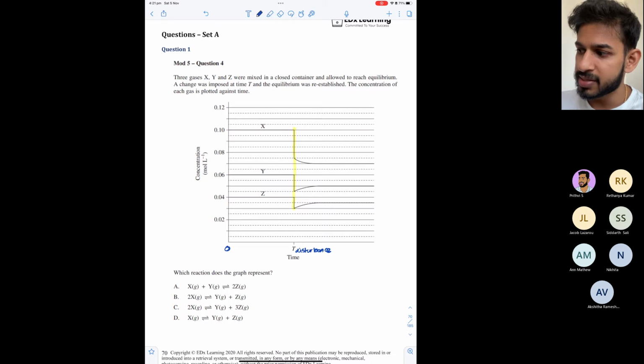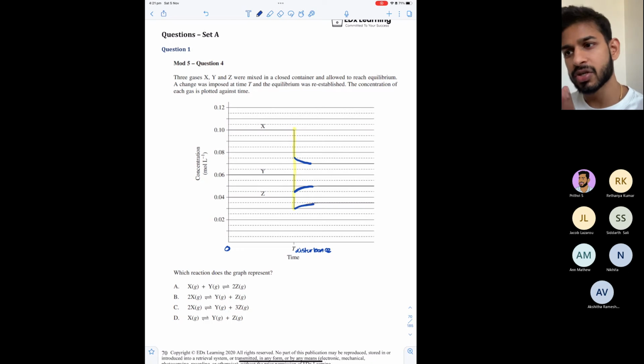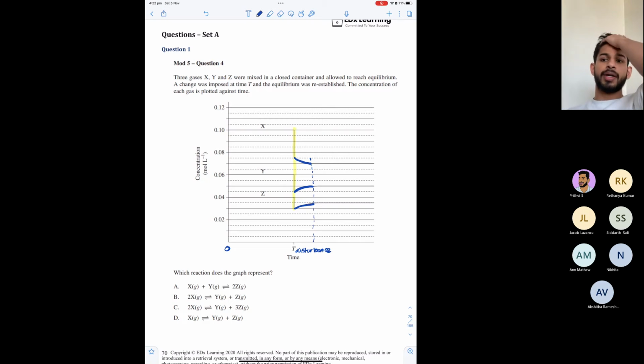And then what happens is there is a gradual second component of change. Can you all appreciate that? There is an initial change, and then there is a gradual change that takes place until this dotted line that I'm showing you here. Now we're talking about dynamic equilibrium, right? So, Rithania, what are the 3 disturbances? Nikita mentioned this earlier.